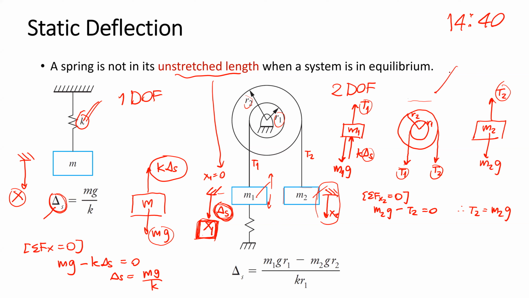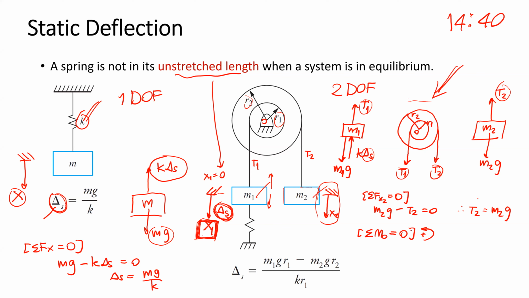How about for the pulley? For the pulley, the summation of the moment about the center of the pulley should equal 0. Now we have two reasons for summation moment equal to 0.